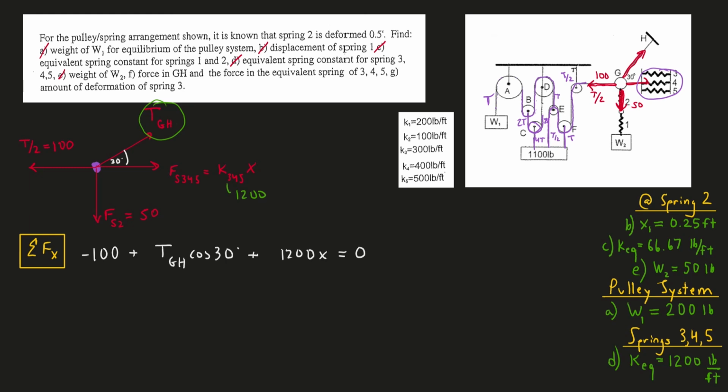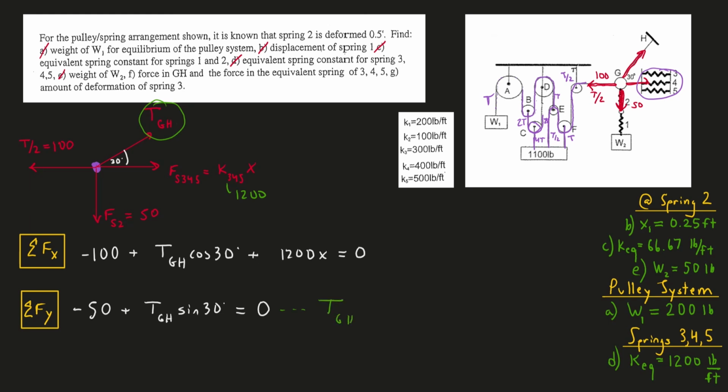Let's go to sum forces in the Y. We have a 50 going downwards from our spring 2 that we figured out in the beginning. We have the upwards component of GH, and that is that. So from the sum forces Y equation, we only have one unknown, so we can solve for it.